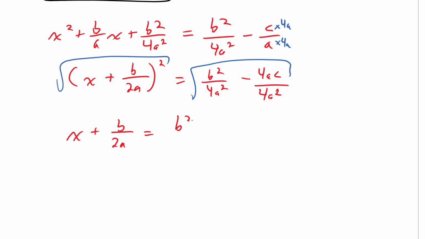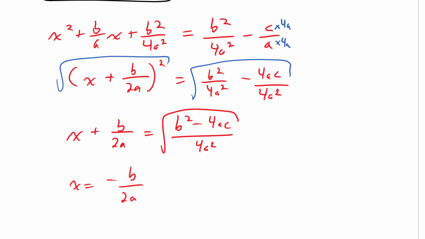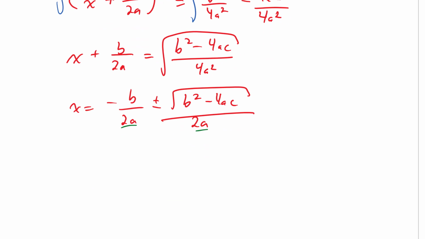Combine those together. Isolate x on its own by swinging the b over 2a to the other side. Take the square root of this, and we can actually take the square root of 4a squared, that's 2a. Notice we have the same denominator here and here. Let's combine those together.